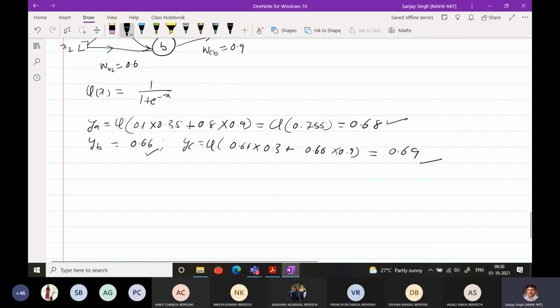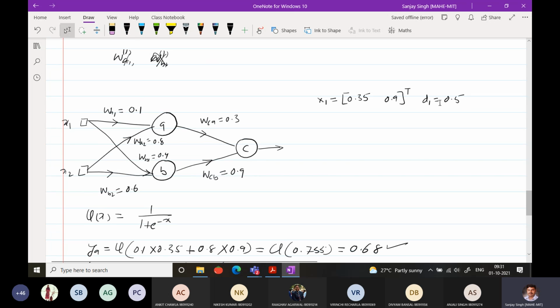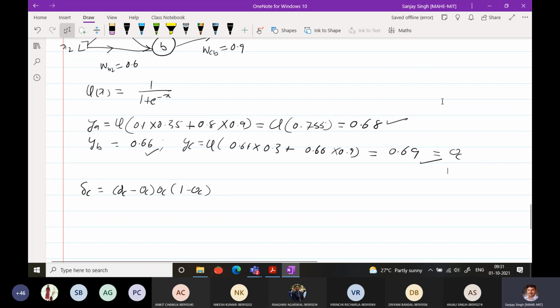Once you have this, I hope you might have found delta C. Delta C is nothing but DC minus OC, into OC into 1 minus OC. OC is the output of the output neuron. DC is known to you, that is the desired value, 0.5.